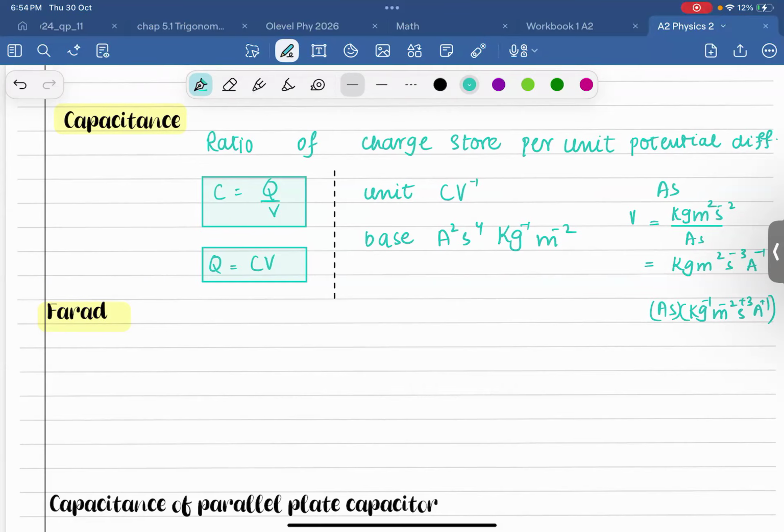By the way, in memory of that scientist, Michael Faraday, we replace the unit of the capacitor, coulombs per volt, with the farad. So now it is known as the farad. Farad is not a base unit.